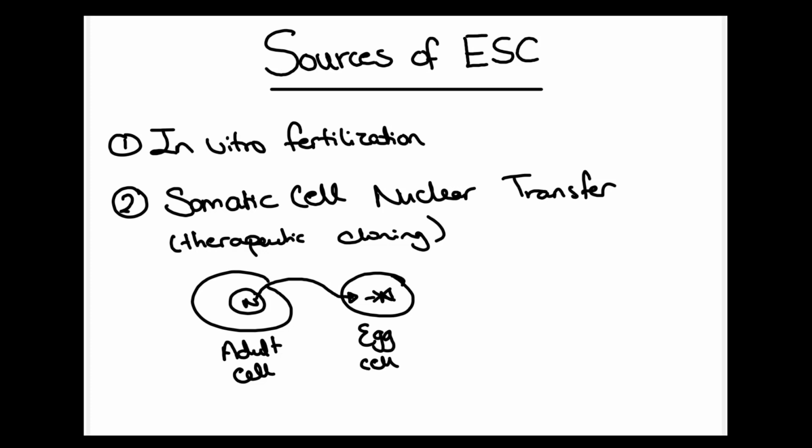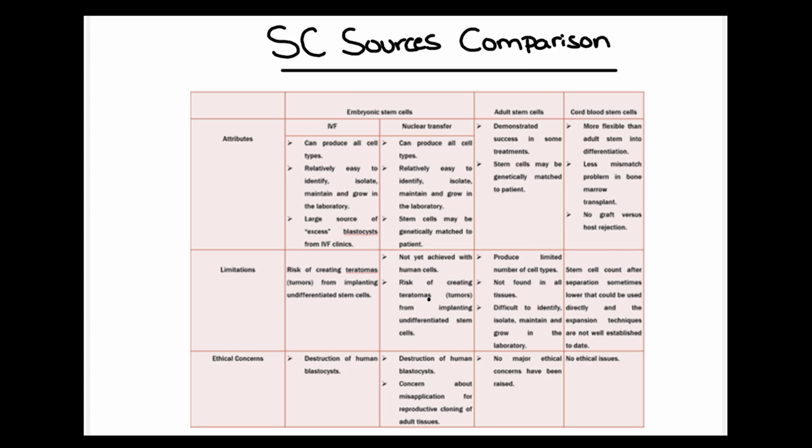Now let's compare the sources of stem cells. Here we have the embryonic stem cells, the adult stem cells, and the cord blood stem cells. We're going to talk about their attributes, their limitations, and ethical concerns. Let's start with the embryonic stem cells. We have the IVF and the nuclear transfer. The IVF, of course, is the in vitro fertilization. So with IVF, we can produce all cell types, same with the nuclear transfer.